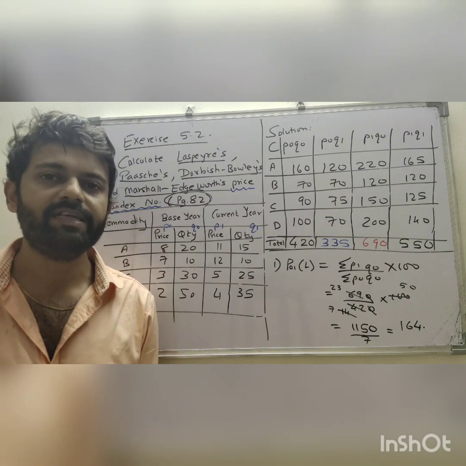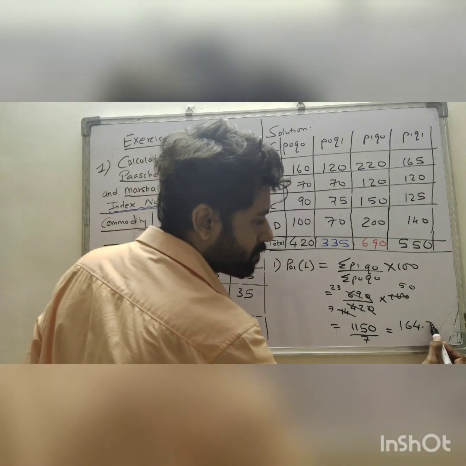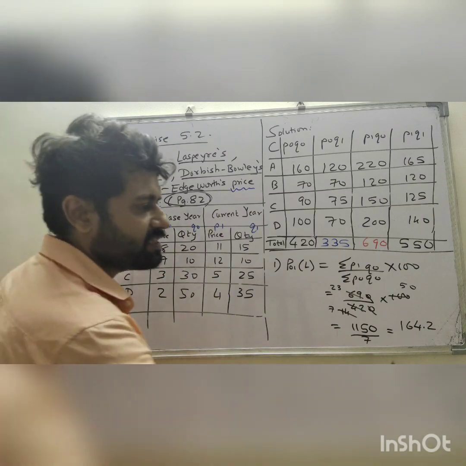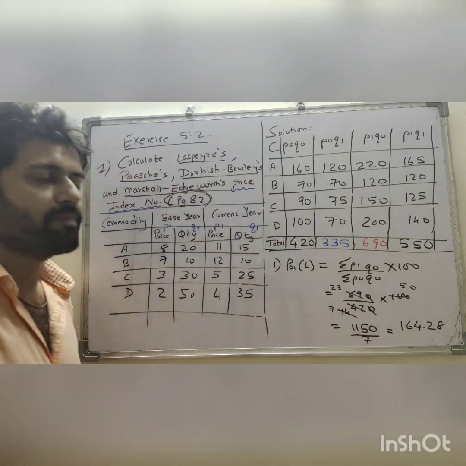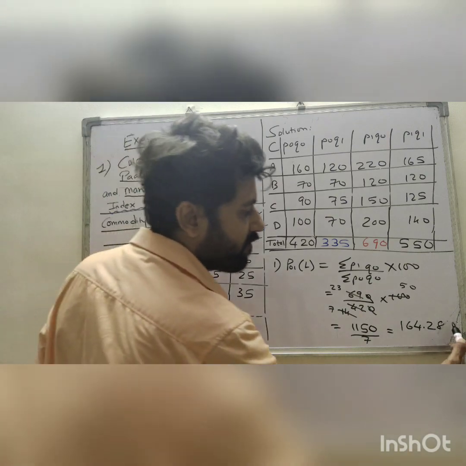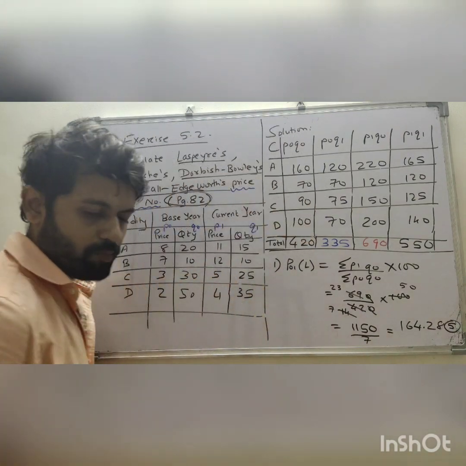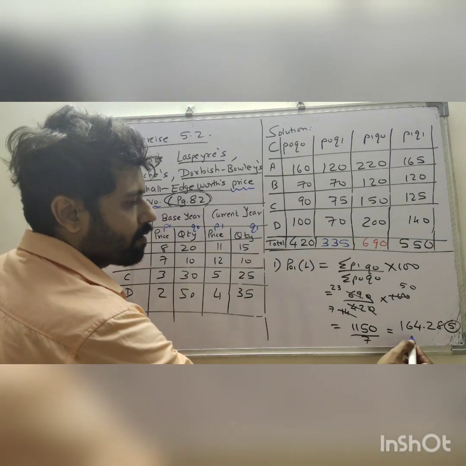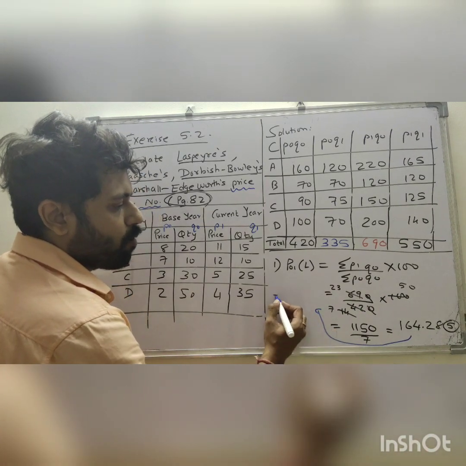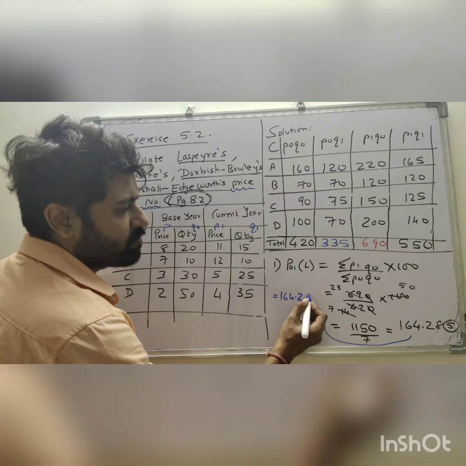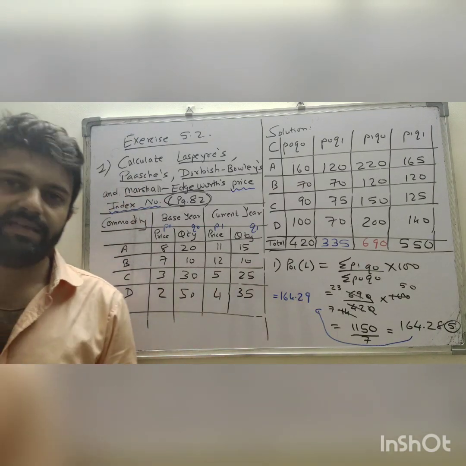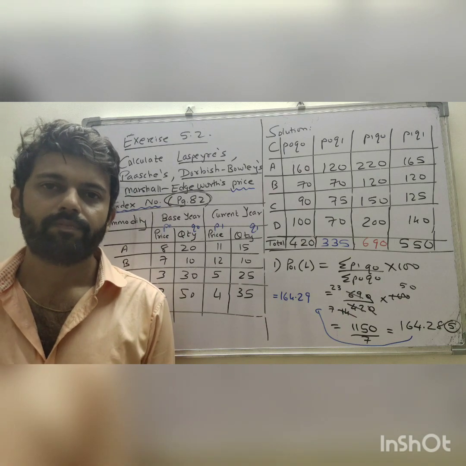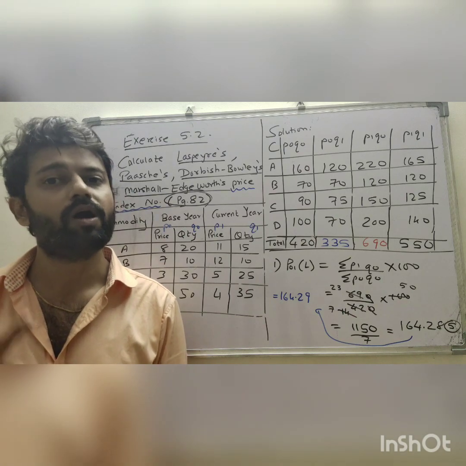After putting the decimal, 20, 7 2s are 14, 60, 7 8s are 56, 4, 40, 5. And so my answer is going to be $164.29. As everyone knows that we have to do round off. We have to do round off.